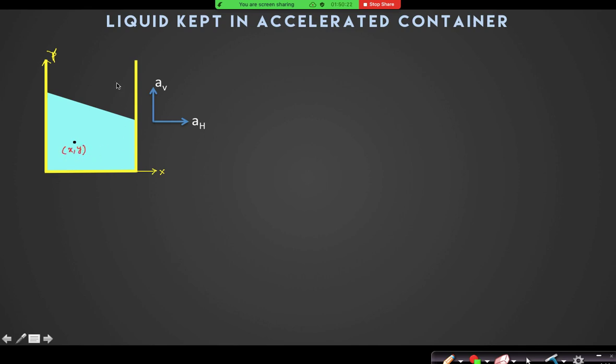Take atmospheric pressure to be P naught. So can you tell me what is the pressure at this point A?